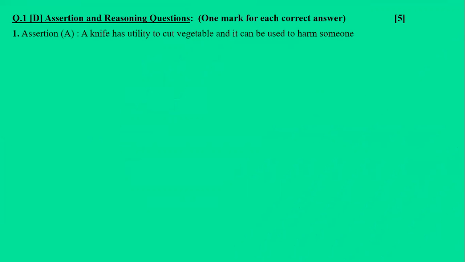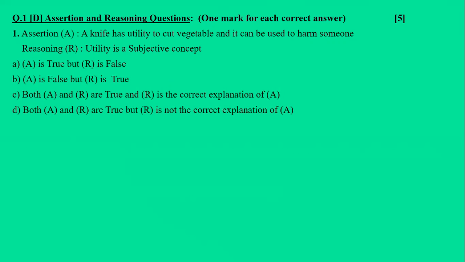See the question. Assertion: a knife has utility to cut vegetables and it can be used to harm someone. Reasoning: utility is a subjective concept. First of all, you have to find out whether both are true or false. Now see the options. A, A is true, but R is false.